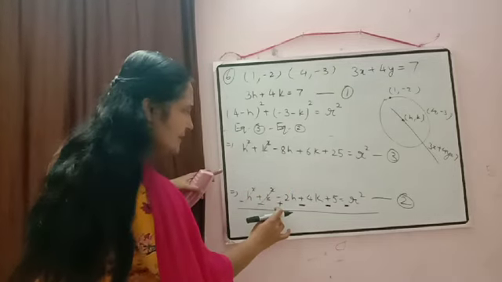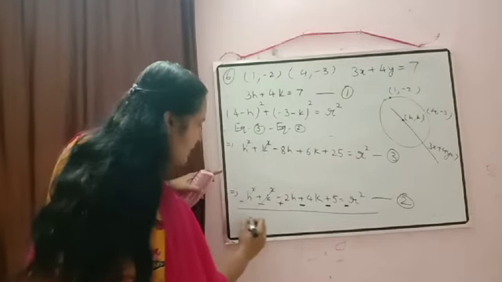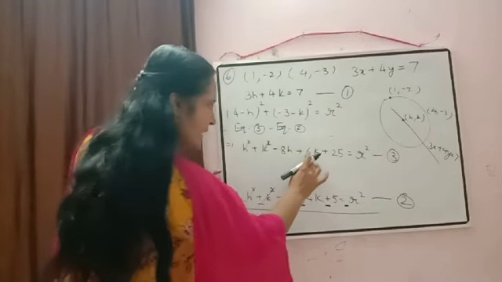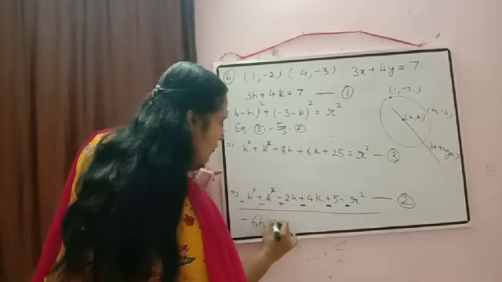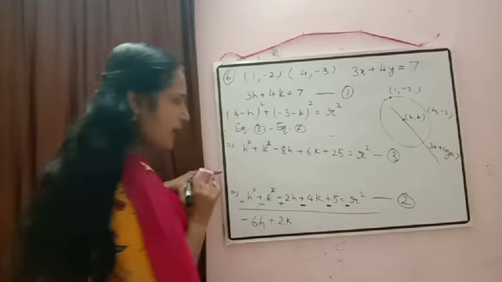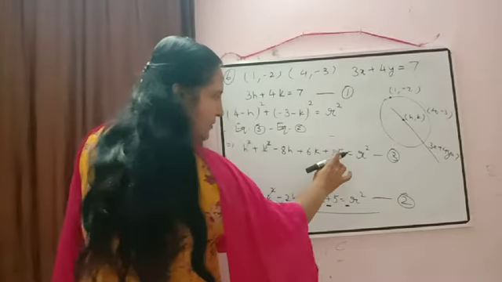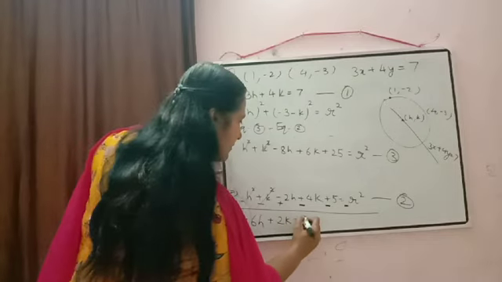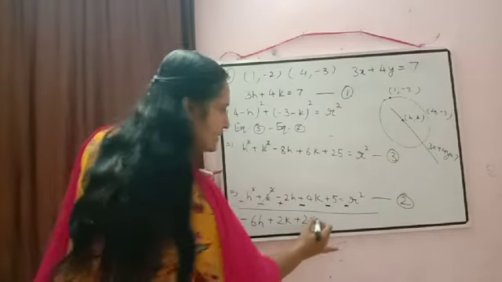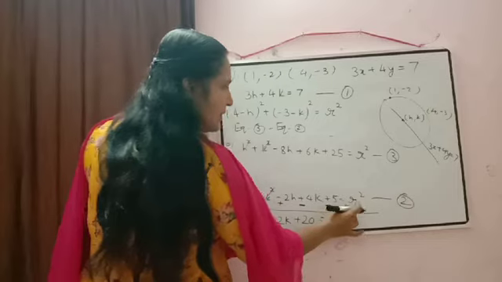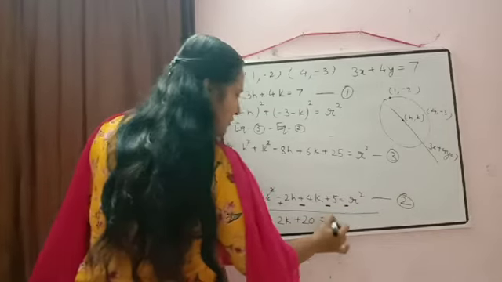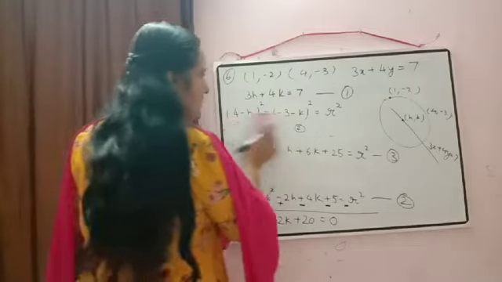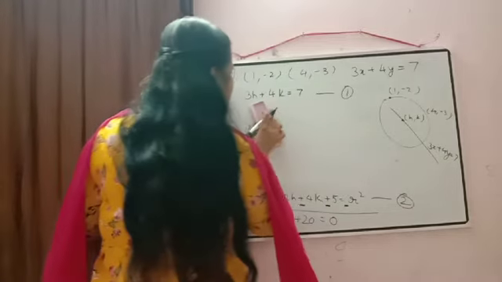Minus 8h plus 2h is equal to minus 6h. Then 6k minus 4k is equal to plus 2k. Then 25 minus 5 is equal to plus 20, and r square minus r square is 0. So we are getting minus 6h plus 2k plus 20 is equal to 0.